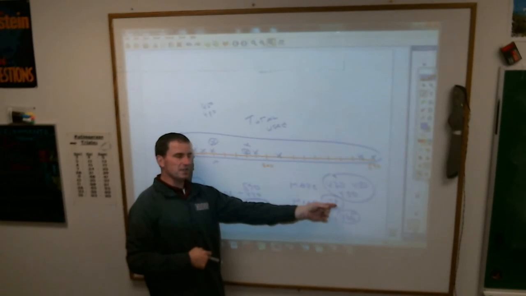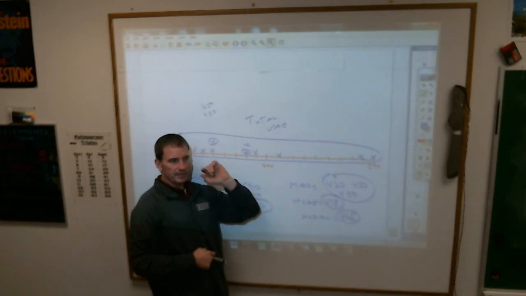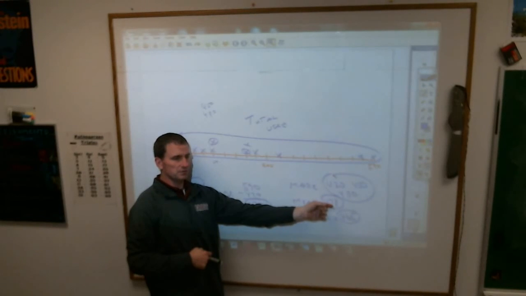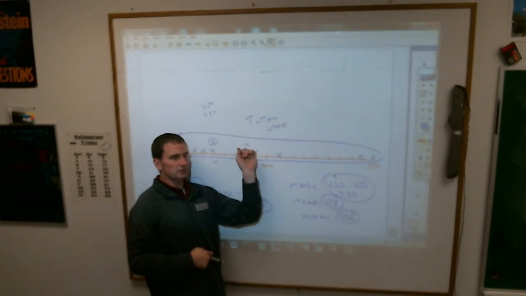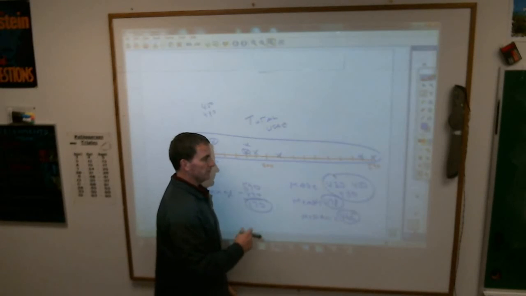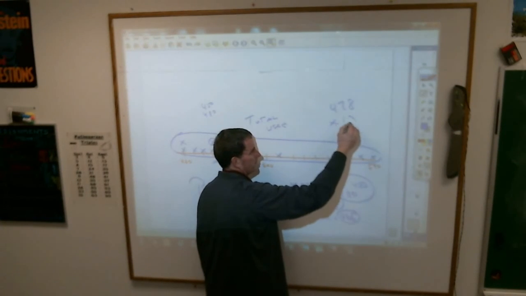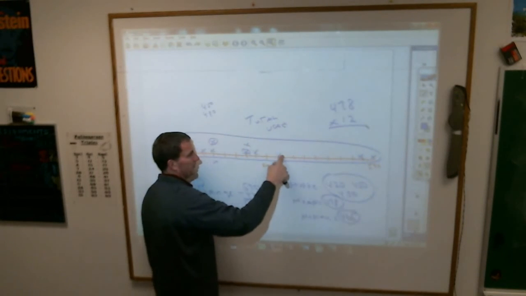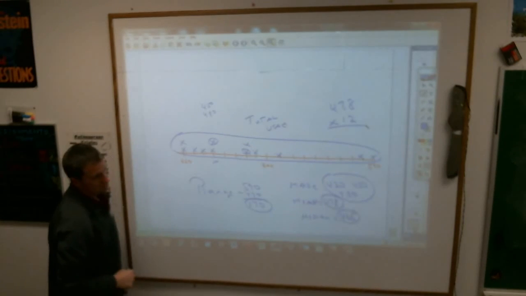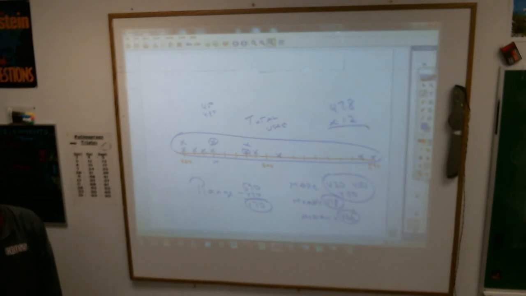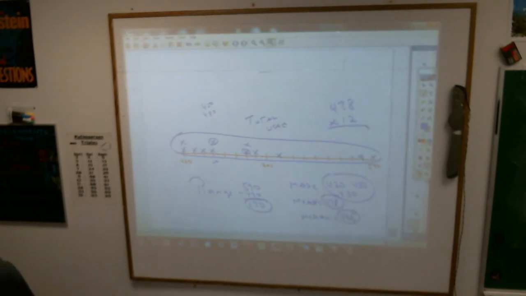If I gave you this number as the average, how would you tell me how much total they used? Jamie? Multiply by the sample space. Well, yeah, multiplied by, how many are there up here? How many numbers did we figure out? 12. Well, if you take 478, which is the average of all of them, and multiply by 12, you are going to get whatever this adds up as a total. Sample space, nice math word.